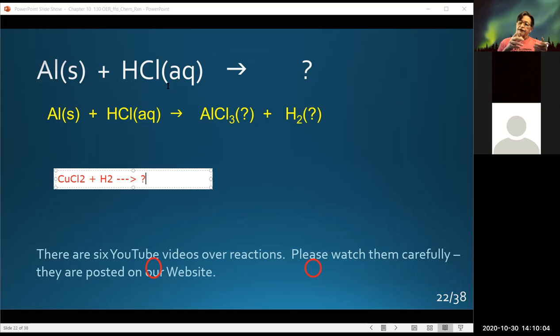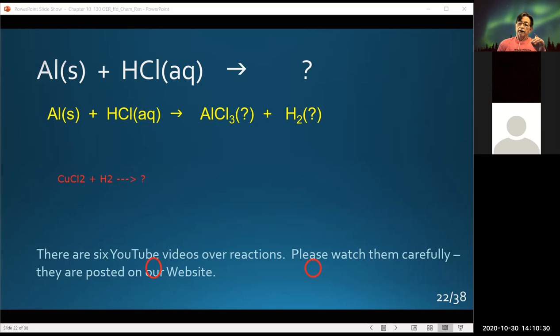Okay, well, you ask the same questions. Because you're dealing with hydrogen, you're comparing hydrogen with copper. So who is more reactive, hydrogen or copper? Hydrogen, exactly, because hydrogen is right below copper.